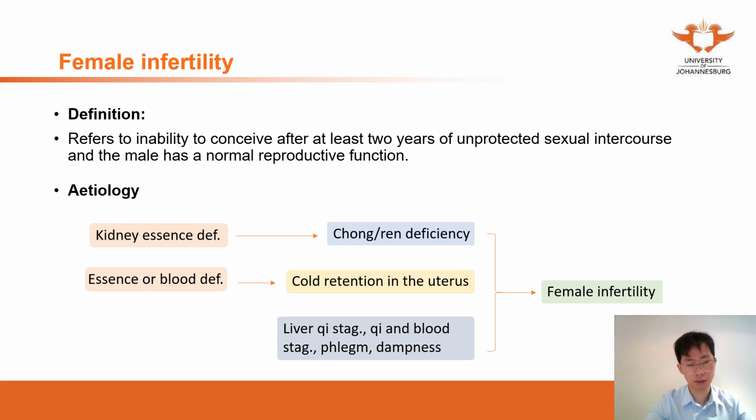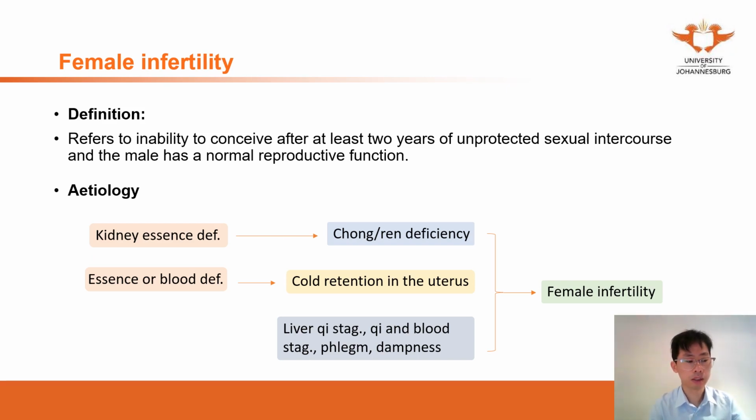Although the 10 years is not accurate, it indicates how severe and difficult to treat this problem is when cold attacks the uterus. From this text, we understand that another cause, apart from kidney deficiency, is cold retention in the uterus. That's from the etiology, as you can see on the slides.